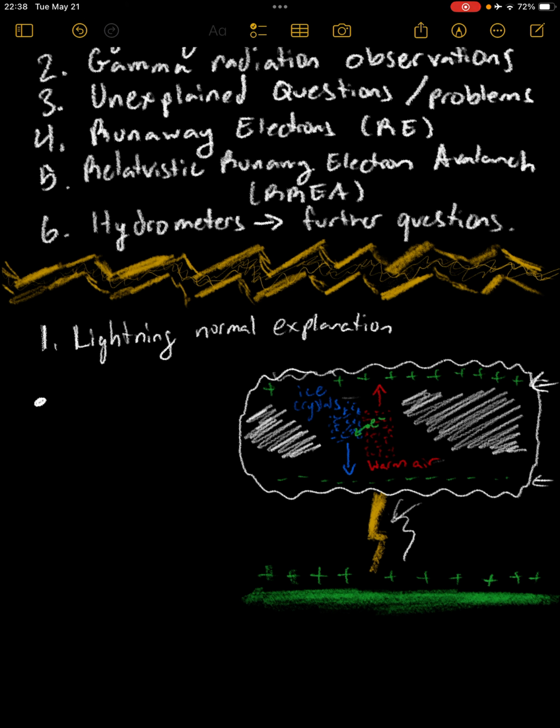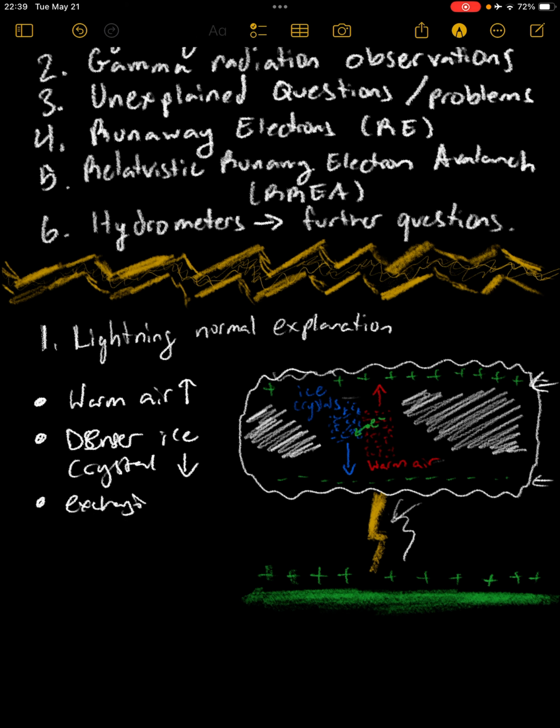Essentially, when you normally look this up, people talk about how warm air rises, you'll have colder, denser ice crystals that fall, and then this essentially exchanges electrons. As you can see in this picture, warm air rises, cold air sinks, and then this will strip off electrons in exchange.